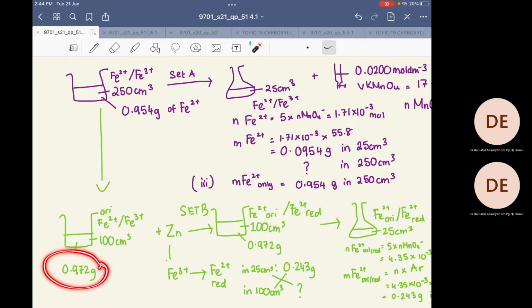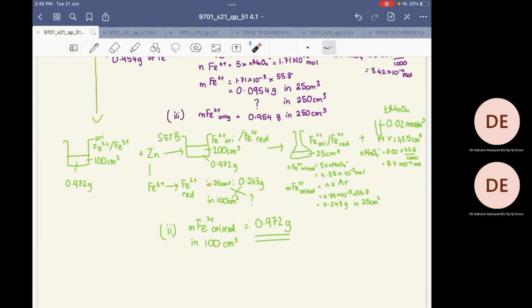So this 0.972 grams is the total mass of Fe2 plus and Fe3 plus in 100. I want to know the total mass in 250 centimeter cube. So I need to trace it back again.